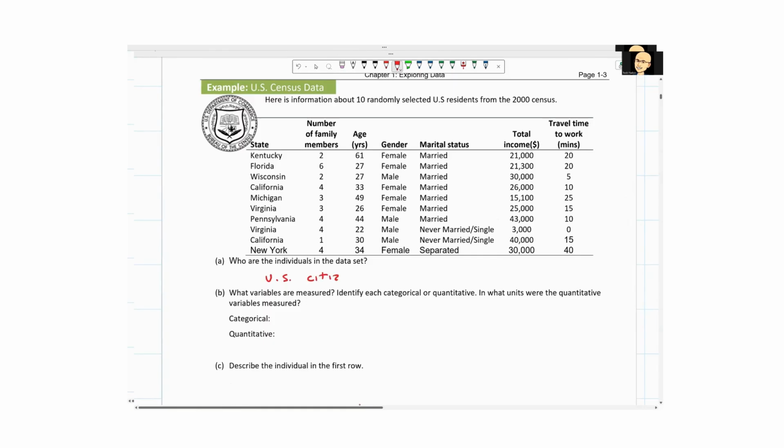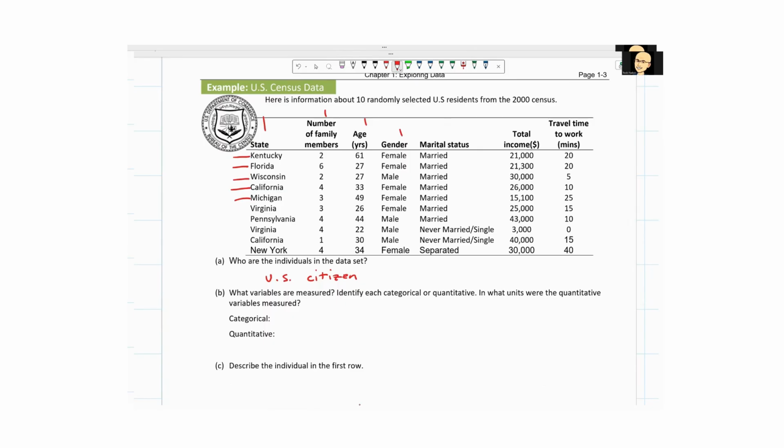Now, is it all of the U.S. citizens? No, but our data set doesn't have to have every single thing in a group. It could be a sample or a subgroup of that. All right. We have a bunch of different individuals. Each one of these are individuals, and we're measuring them on different variables.